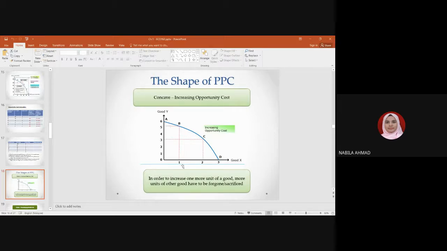Maksudnya in order to produce more good X, so we should sacrifice more good Y. Ya, contohnya kita nak produce daripada 0 to 1X, kita akan produce less Y. Berapa? 6 tolak 5, 1Y. So produce 1 more X, kita akan kurangkan 5 minus 3, 2Y. And produce 1 more X, kita kurangkan 3 minus 0, 3Y. So 1, 2, 3. Right? So this is the increasing opportunity cost. So the shape of PPC is concave.